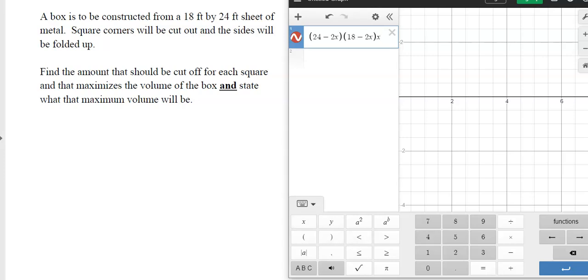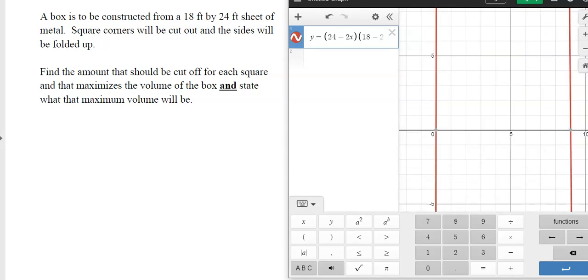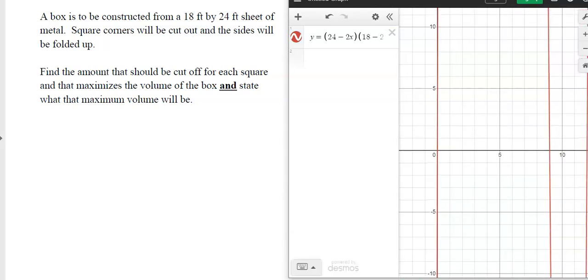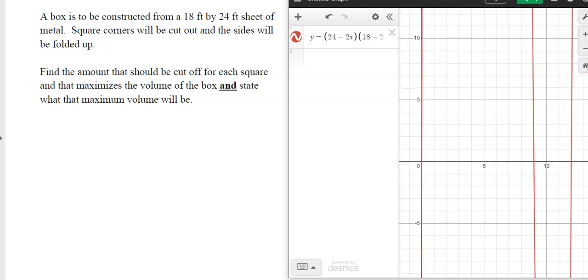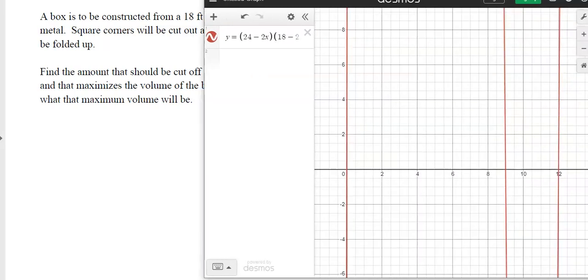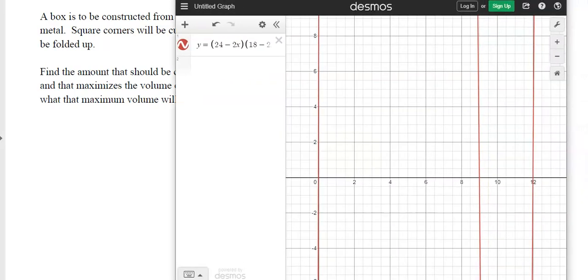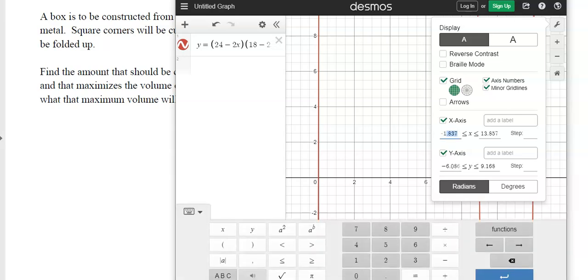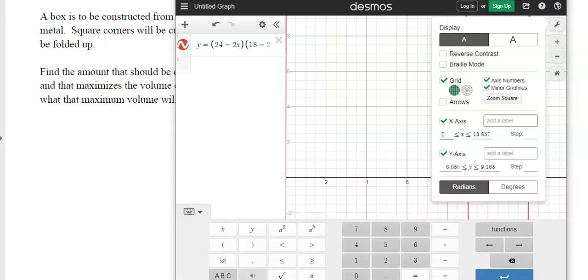And this was supposed to be y equals, there we go. Let's just see what that looks like. I'm only concerned about between 0 and 9. Right now I'm having trouble finding a maximum because it's going way up there. So let me move this over and see if we can play with the axes. And I only care about 0 to 9.